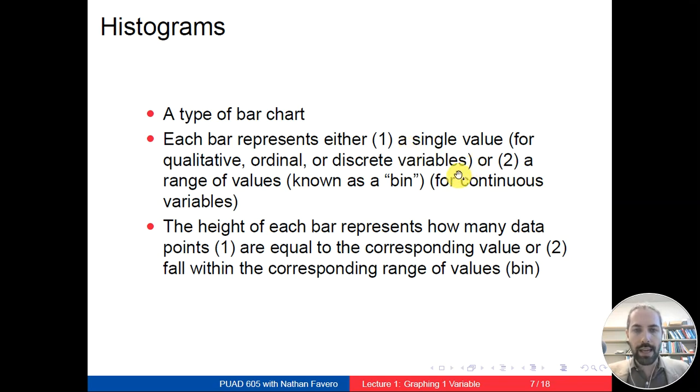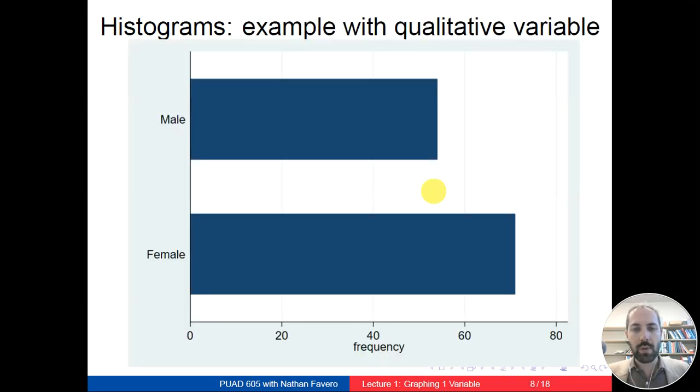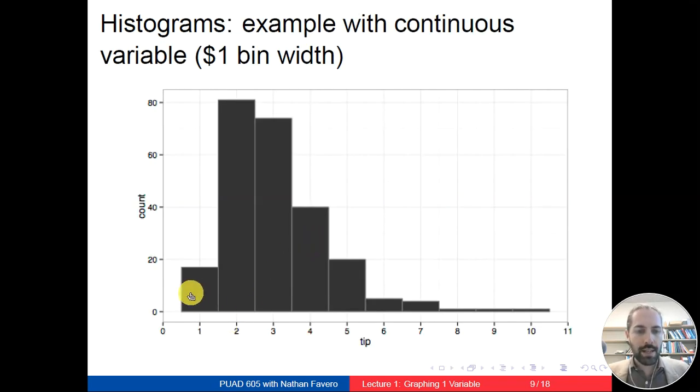Or it can also be the case, if we're looking at a continuous variable or a quantitative variable, that we're going to have a range of values, which is also known as a bin, that's going to be represented with this bar. In other words, this bar right here is representing not just a single value, but any value between about 50 cents and about $1.50, right?